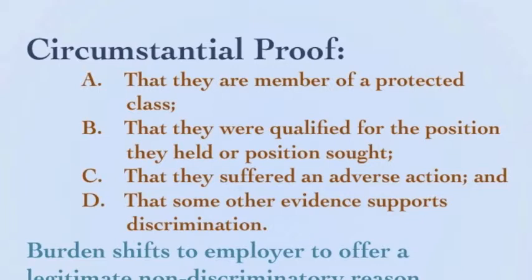Adverse actions can be thought of as things that affect your wallet, in other words, affect your money. So failing to hire you, firing you, failing to give you that promotion that would give you a pay increase, those are examples of adverse actions. And finally, the employee must offer some other indication or some other amount of evidence that shows that their protected class, race, sex, etc., played some role in this.